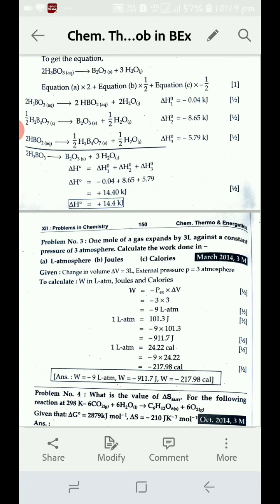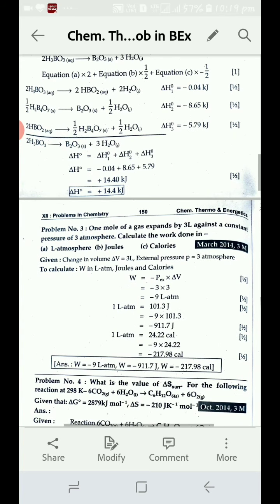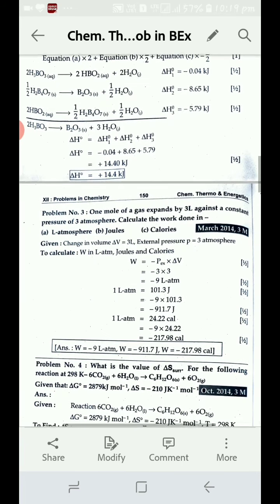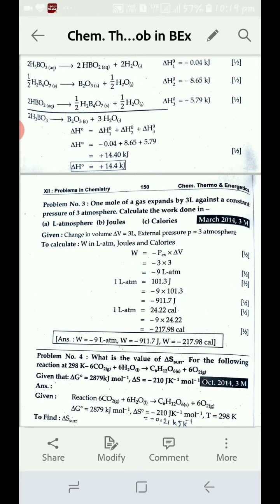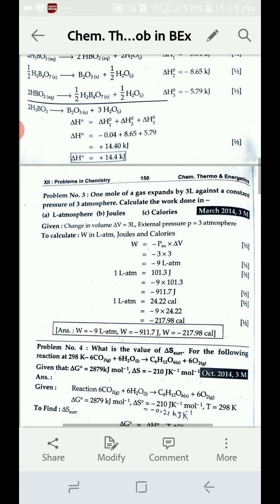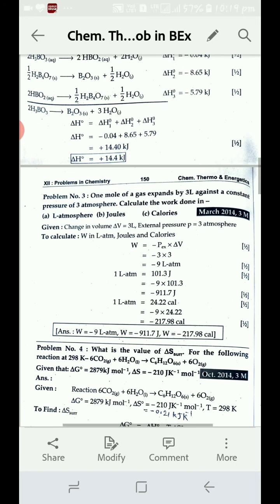Now when you solve this numerical, first write down the given things. Temperature is mentioned, 298 Kelvin. Then to find out delta S surrounding, one important thing is that you must check the unit of standard Gibbs energy and entropy.